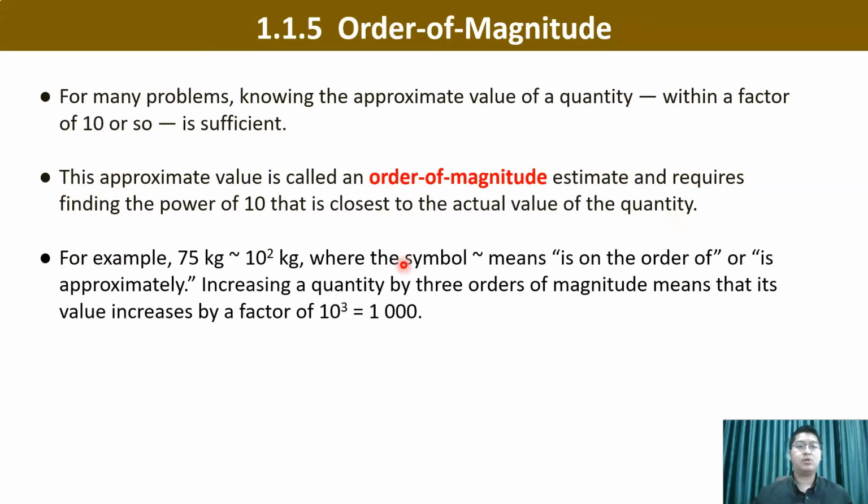For example, 75 kilogram is approximately 10 to the power of 2 kilogram, where this symbol means is on the order of or is approximately. Increasing a quantity by 3 orders of magnitude means that its value increases by a factor of 10 to the power of 3 or 1000.